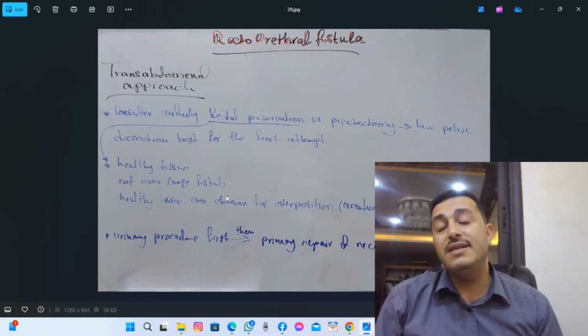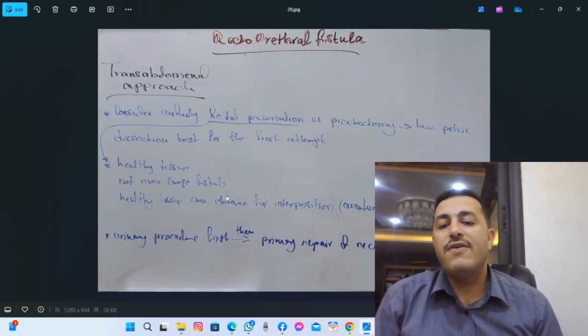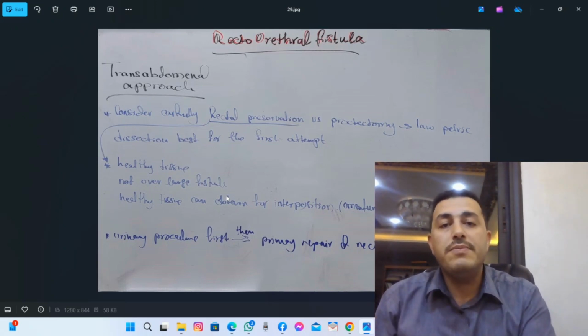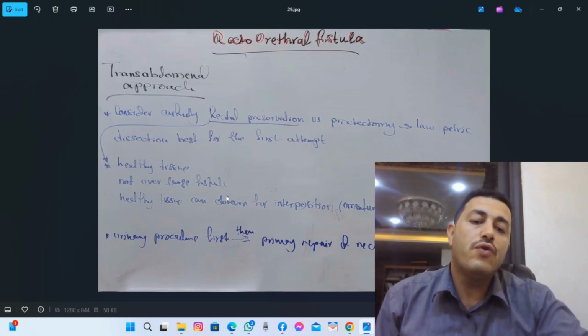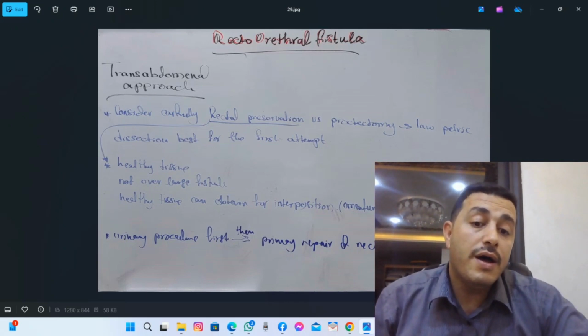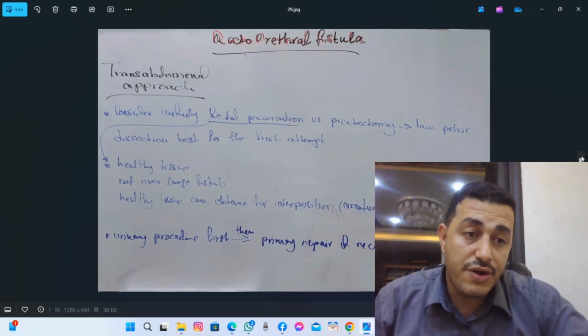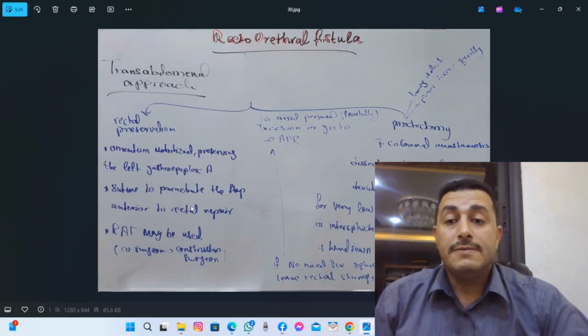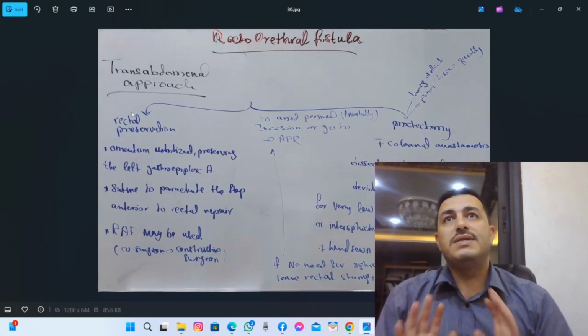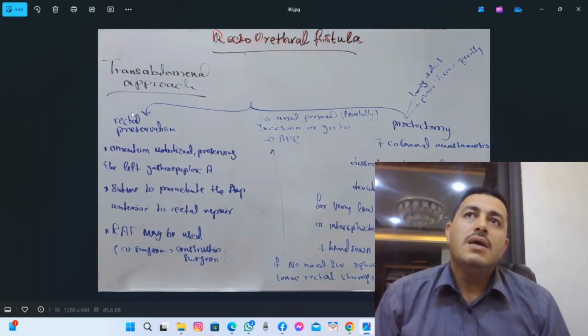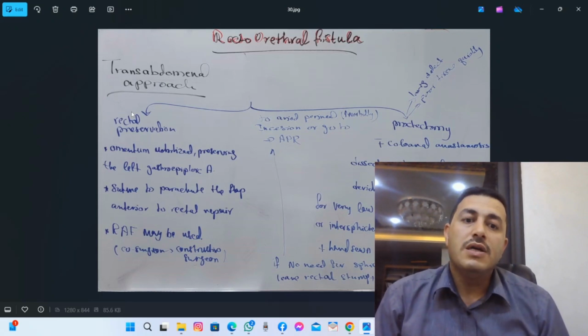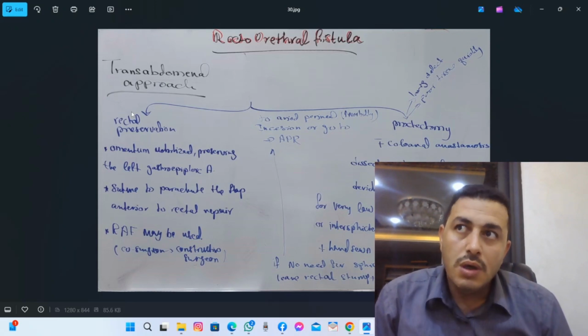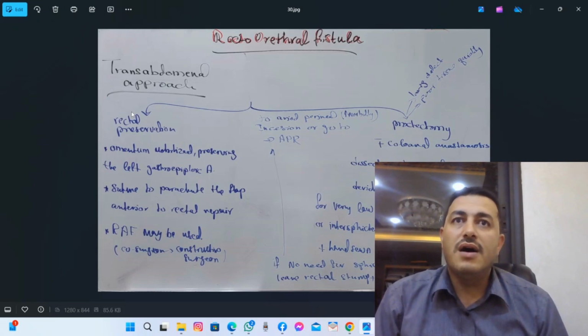Please remember that in any surgery here, we first have to do the urinary procedure, then go for any repair in the rectal wall. We said if we want to preserve the rectum, we have two options.